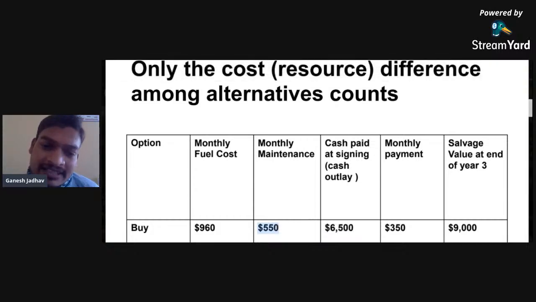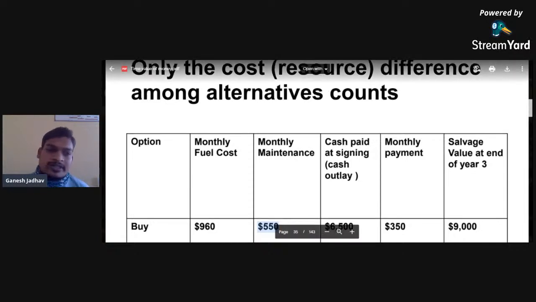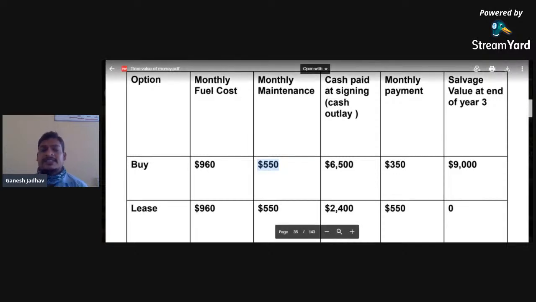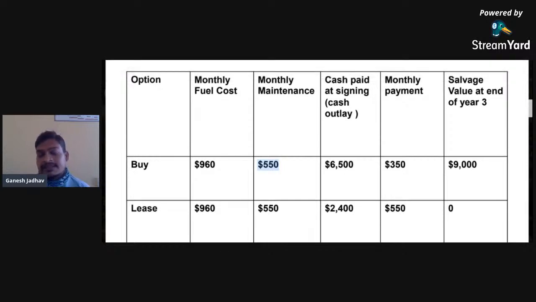Cash paid at the signing: for buying, this is $6,500, and for leasing it is $2,400. Then the monthly payment for buying is $350, and the leasing payment is $550.